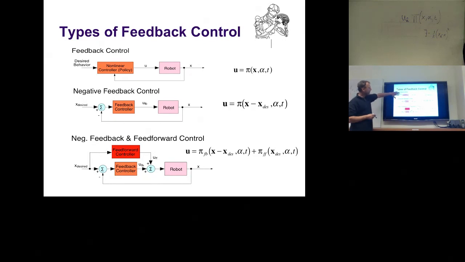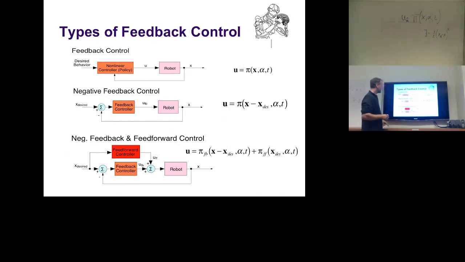Here, 3 different diagrams: feedback control, negative feedback, and feed-forward control. I also mentioned that in the intro lecture, but it's an important concept, and let's look at it one more time. So feedback control is, again, just what we already had. It's the most generic way. We do not make any particular assumption about this control policy box.